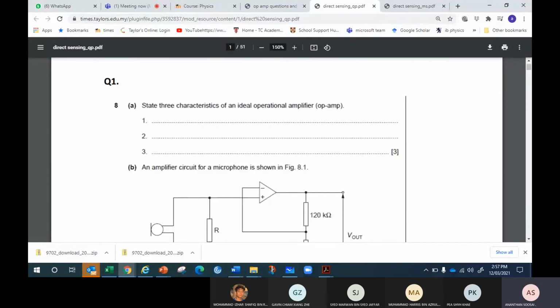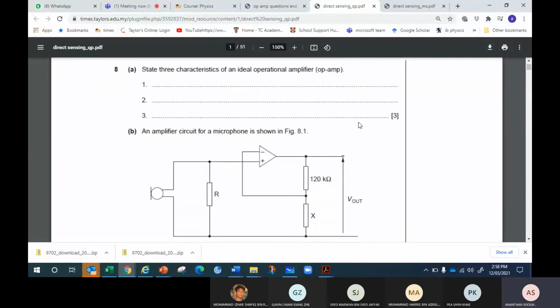Another one is bandwidth, which is infinite. So you need to remember at least 3: infinite bandwidth, infinite slew rate, infinite gain, infinite input impedance, and zero output impedance.